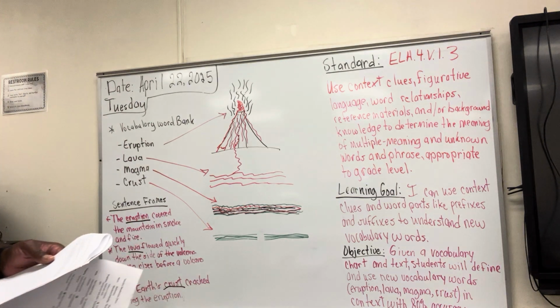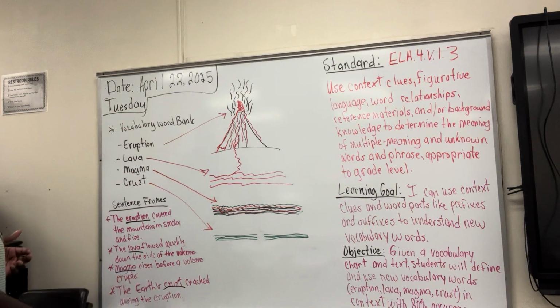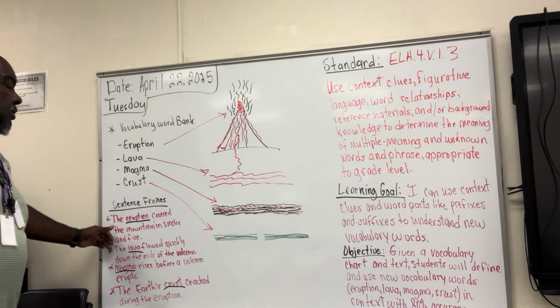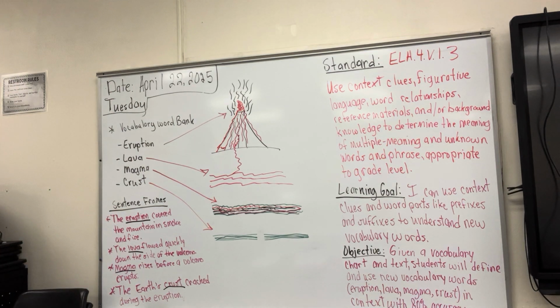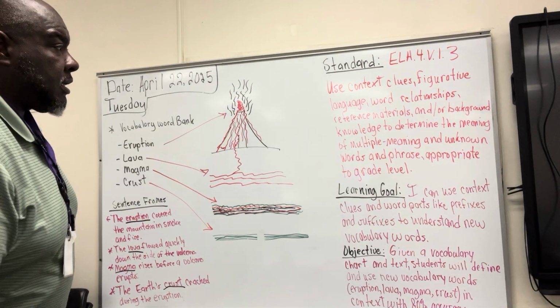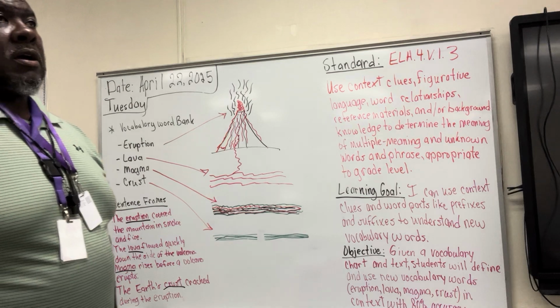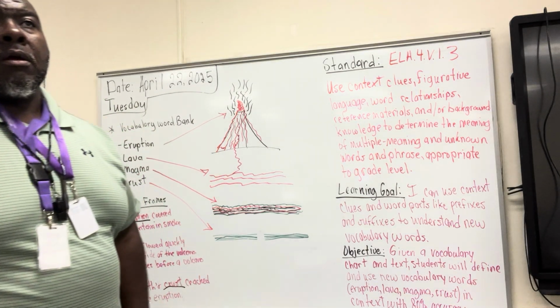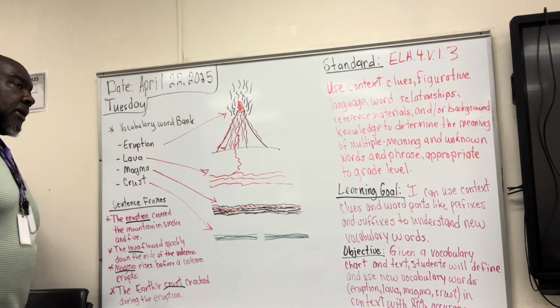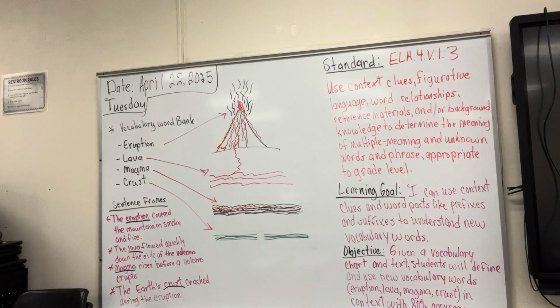All right, cool. So what I want you to do, and you have an example here, is make a sentence for each word. You can say, the Sleepy Mountain erupted in the year of 2024. I want you to make a sentence, or as close as you can.